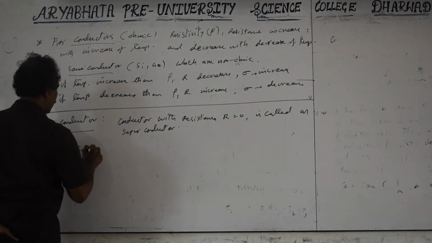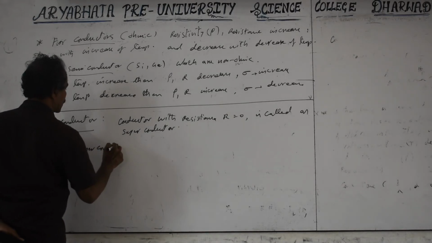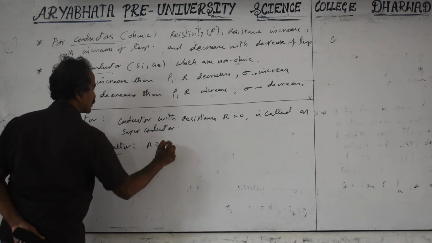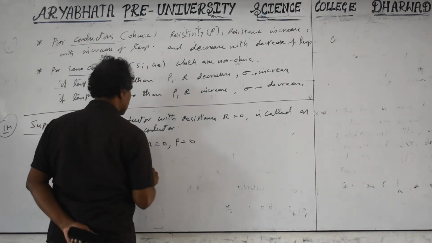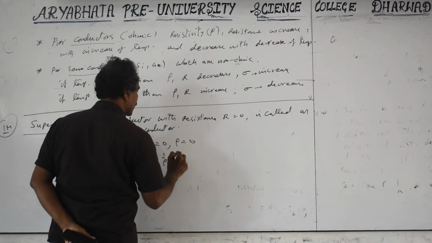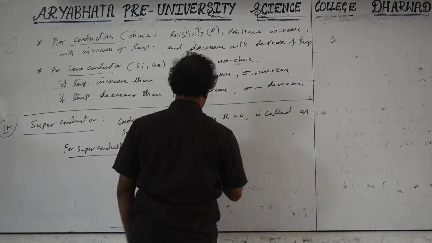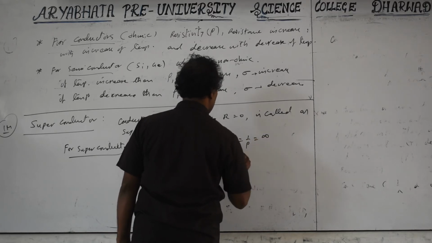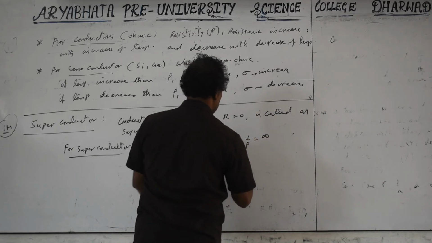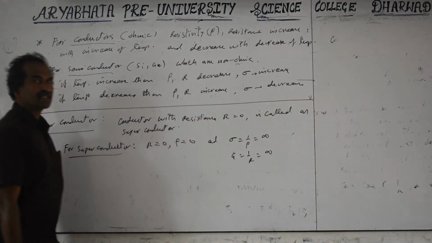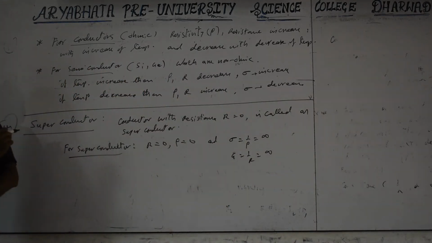For a superconductor, R is 0, rho is also 0. What about the conductivity? Sigma is 1 by rho, which means it is infinity. Conductance G is 1 by R, that is also infinity. Resistance is 0. There is no collision of the electrons with the vibrating atoms.